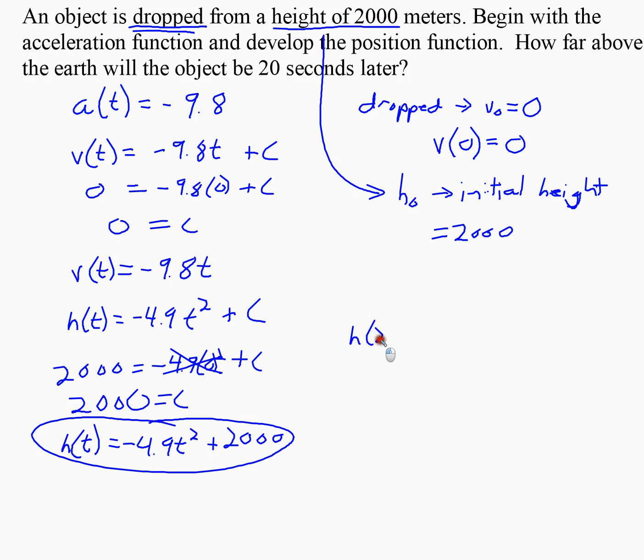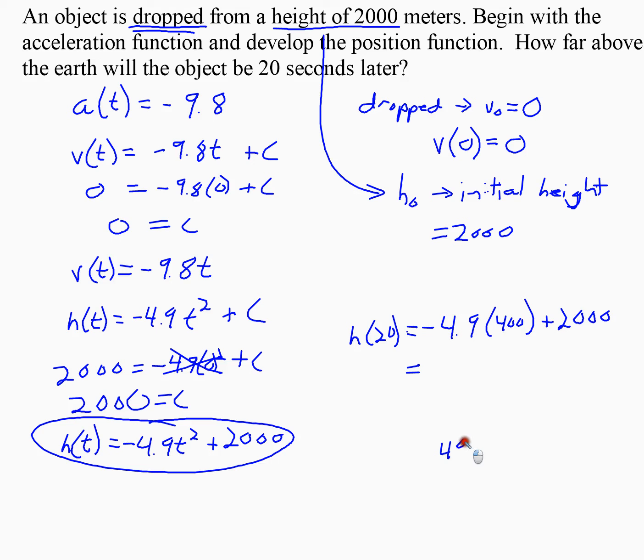So h of 20 is negative 4.9 times 20 squared, which is 400, plus 2,000. And we want to multiply this out. Let's go ahead and multiply that.